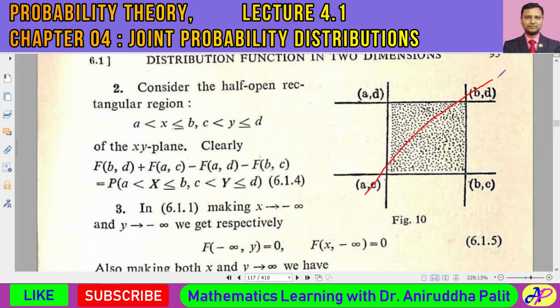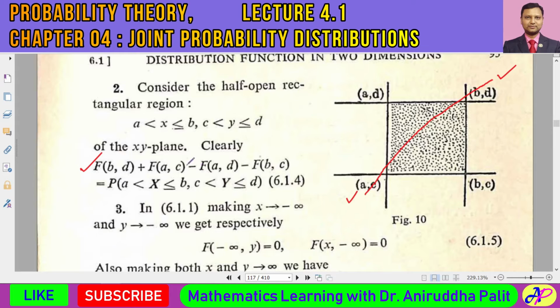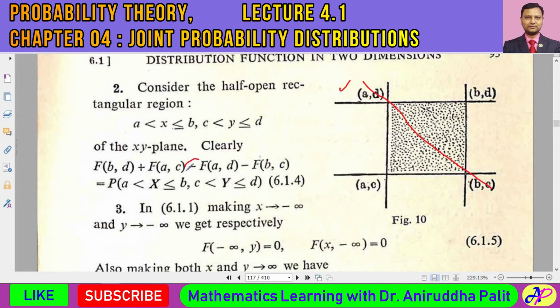Along the cross diagonal elements, at this point b comma d, we have a positive contribution. Similarly, at the point a comma c, we have a positive contribution. Along the main diagonal, at the point a comma d, we have a negative contribution. Similarly, at the point b comma c, we have a negative contribution.